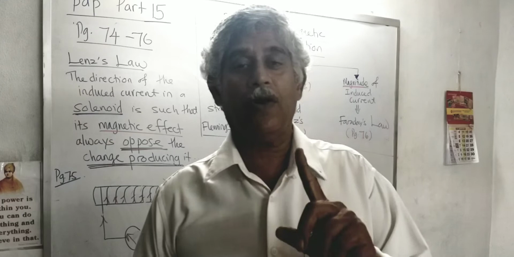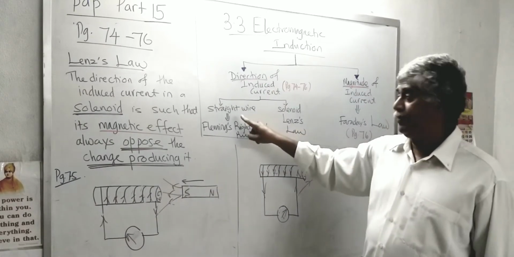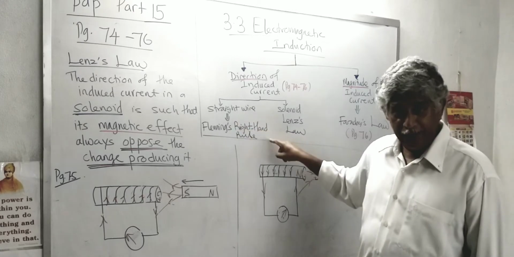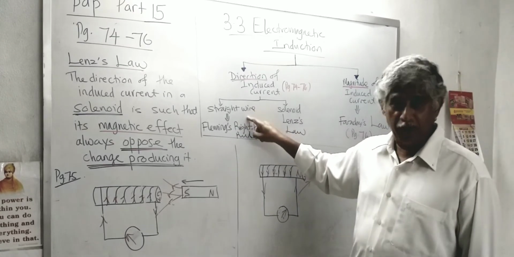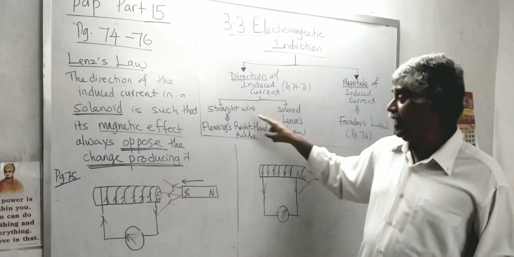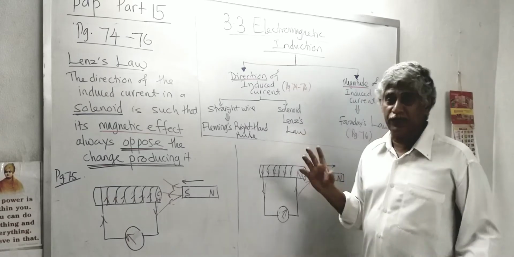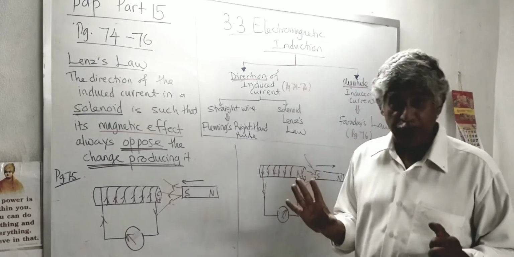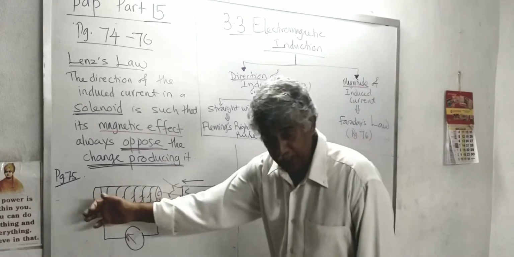For Lenz law, remember, the direction of induced current is explained by Fleming right-hand rule and Lenz law. Fleming right-hand rule is applied for a straight wire, which we discussed in the last class. For a solenoid, it's explained by Lenz law. But Lenz law is not simple because there are 4 situations: north going in, north coming out; south going in, south coming out.